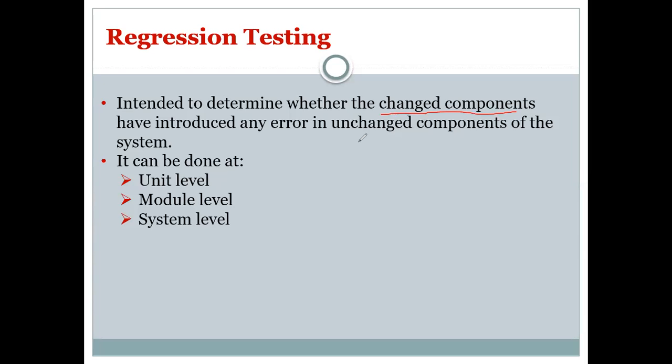But we will take one specific example, like you are having one particular method or procedure named A, and its output you are giving to procedure B. Okay, so in procedure A or method A, you have found one particular error, and you have changed some of the lines of code from procedure A. Now the output which is coming is in some kind of different format which is not acceptable to procedure B, suppose.